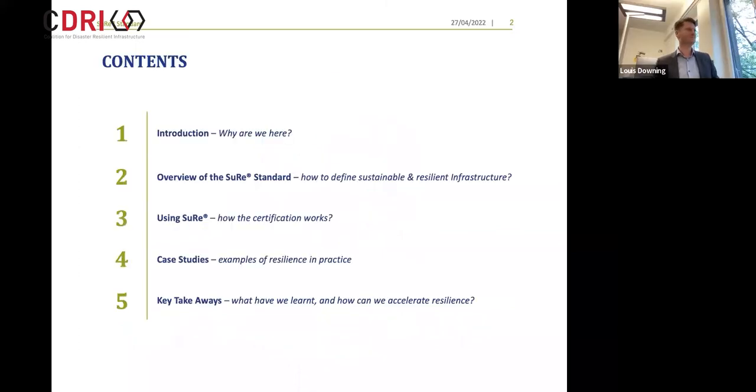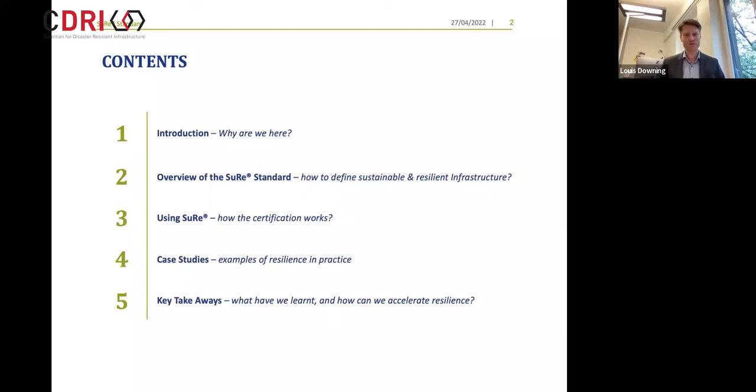Fantastic. Okay, so what's on the menu? Five points: a quick introduction to say why we're here. Secondly, an overview of the standards. So how do we define sustainability and resilience in infrastructure? A really difficult question. Then using the SURE Standard. So how does the certification work? Looking at then some case studies.